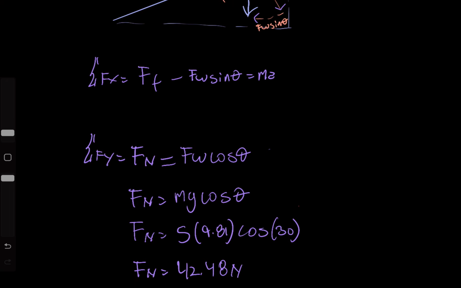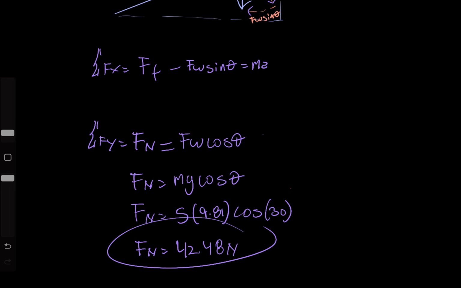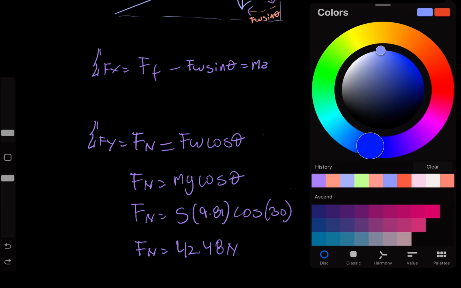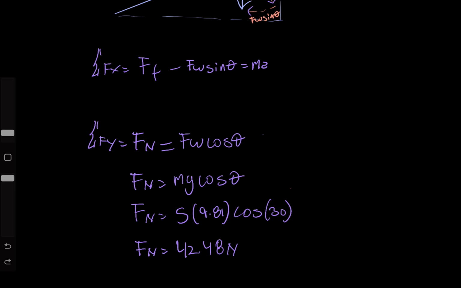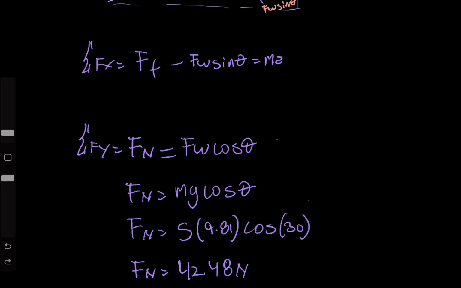So we will use this information and use it to solve for acceleration. So let's solve for the net forces in the x. So we have frictional force, which is mu k times normal force, minus force of weight sine theta.